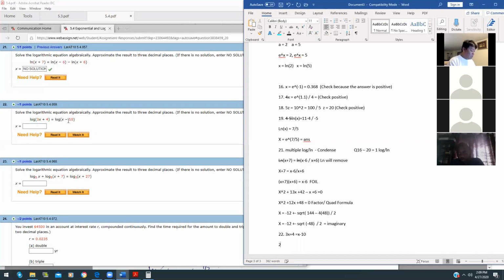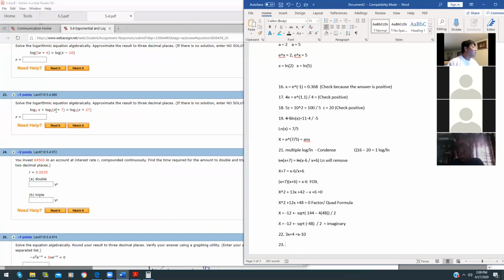But 23 is a little bit different because now you got double log here. So can someone tell me what you do when you have double log? You have to condense this into one log. So what do we have here, addition or subtraction?